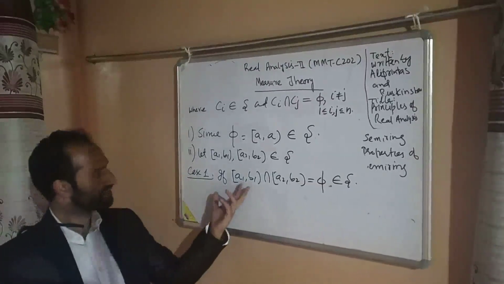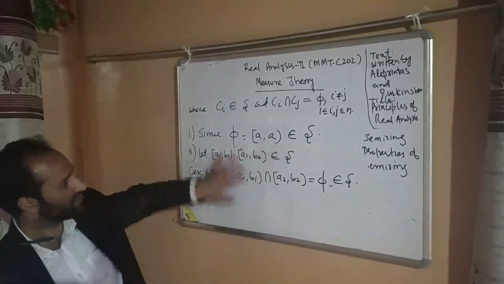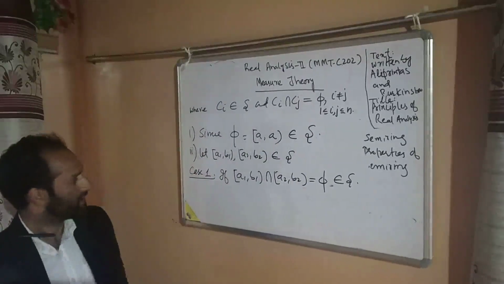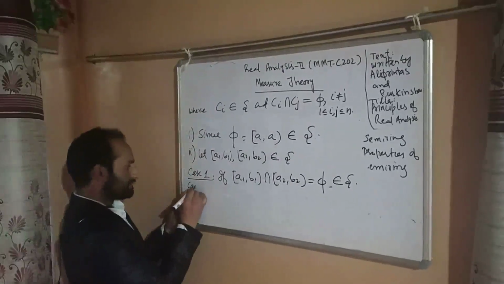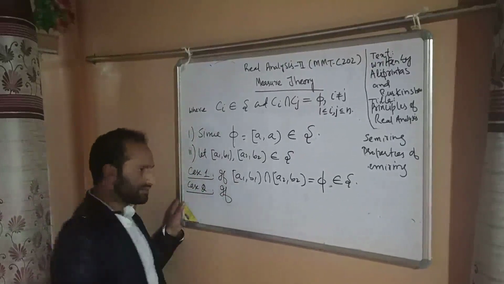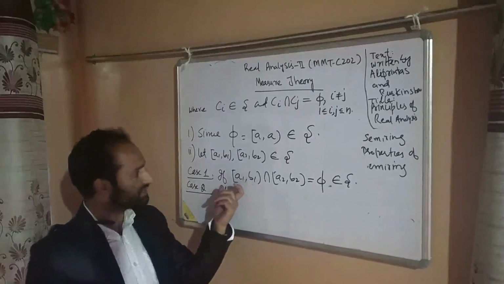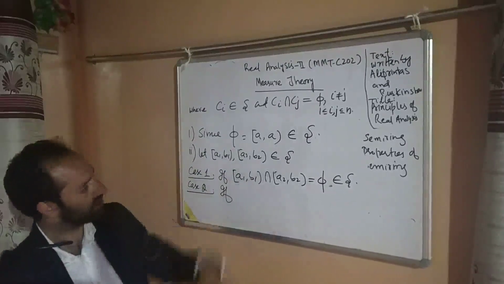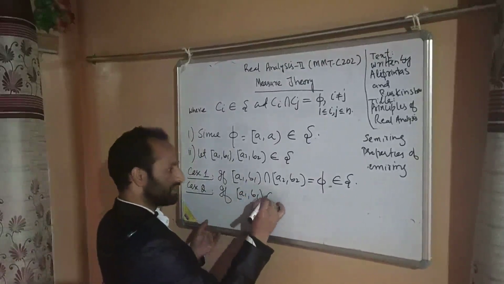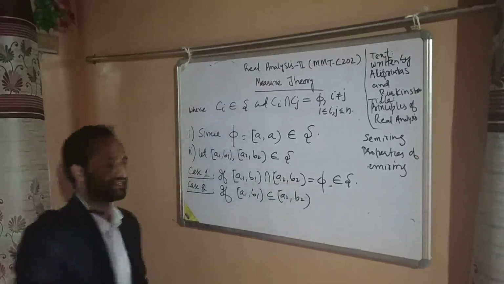In case they are disjoint, then the intersection is phi, and phi is a member of S. And second case, if they are not disjoint, but one of the semi-closed intervals is contained in the other interval: if A1, B1 is contained in A2, B2, or A2, B2 is contained in A1, B1.